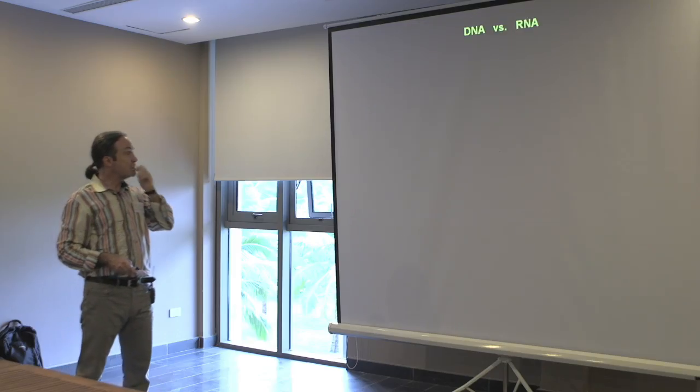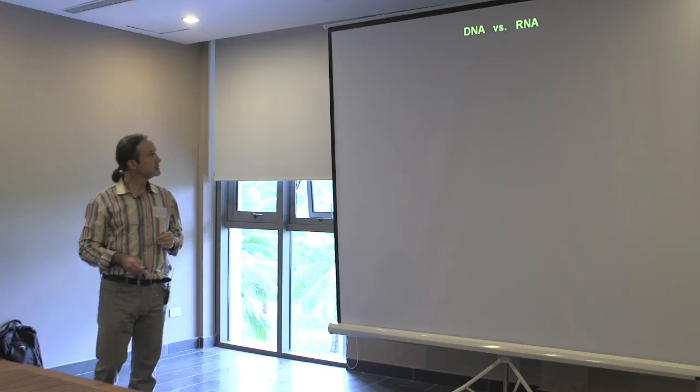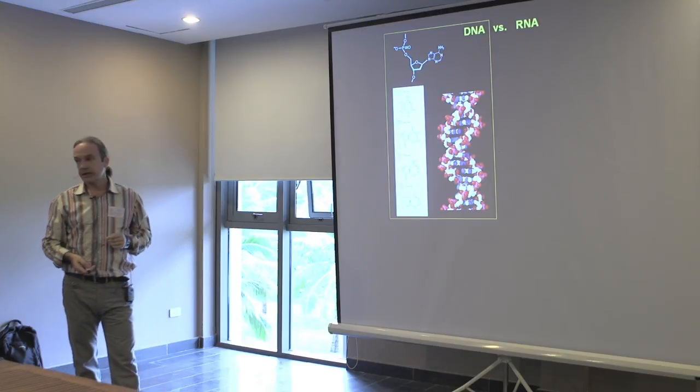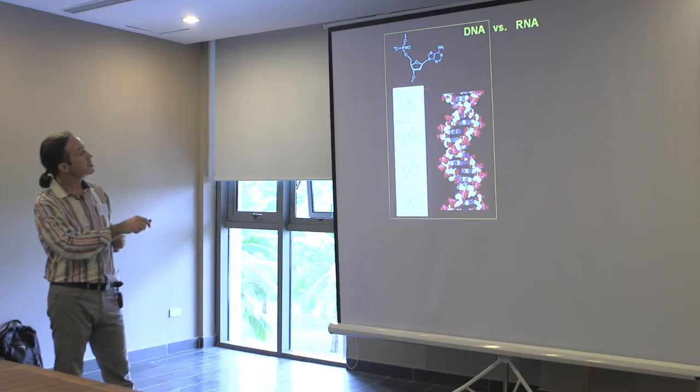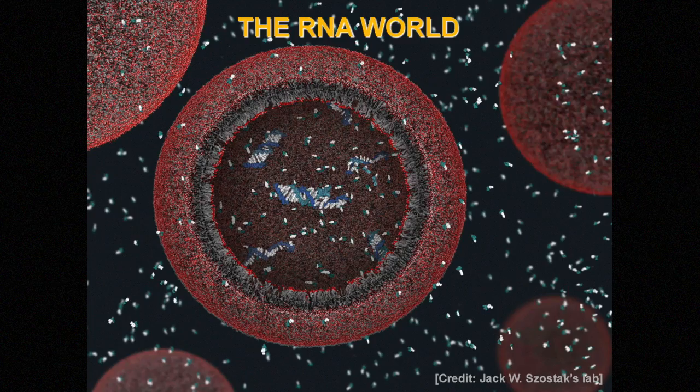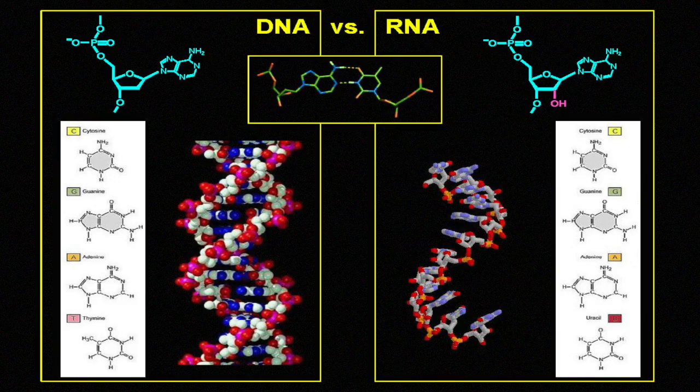First, I would like to show you again the structure of DNA, the double helix, made of deoxyribonucleotides. We like very complex names in biology, deoxyribonucleotides. And the nucleobases can be of these four kinds, C, G, A, and T. In turn, RNA has a single strand structure.